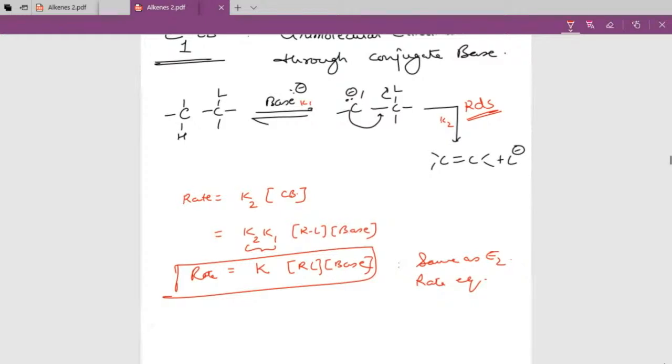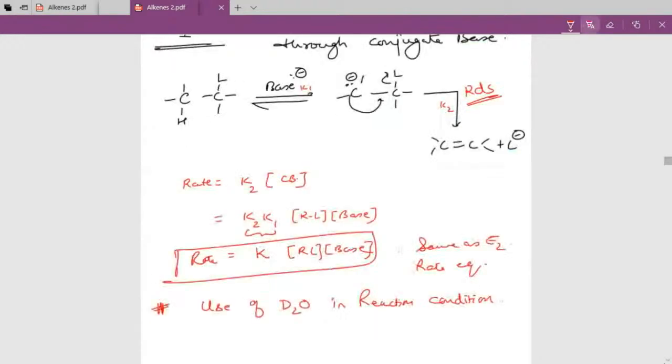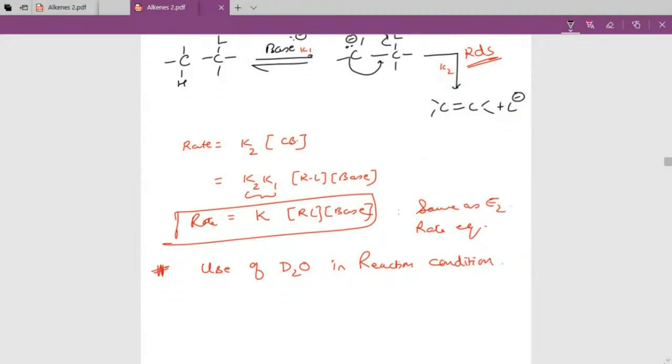The only way to say is use of D2O in reaction condition. So what will happen if I use D2O in reaction condition? The conjugate base which is formed, it is reversible, no?